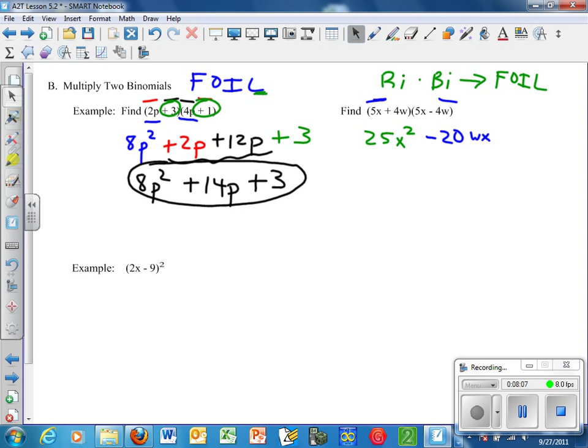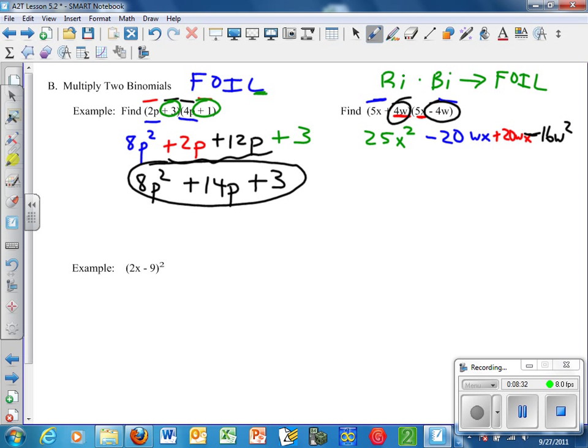Then I'm going to do my inside terms, which would be the two on the inside here. Positive times positive would be plus 20wx. And then I'm going to do my last terms, which are positive 4w times negative 4w, which is negative 16w squared.